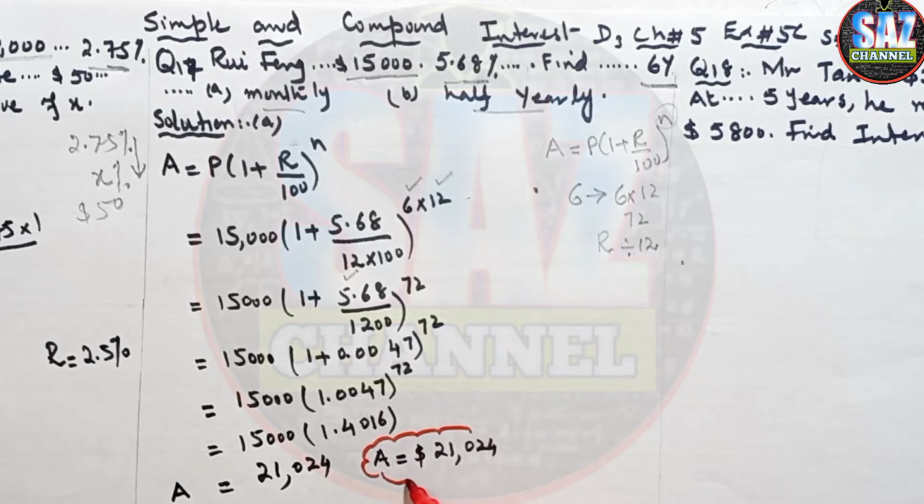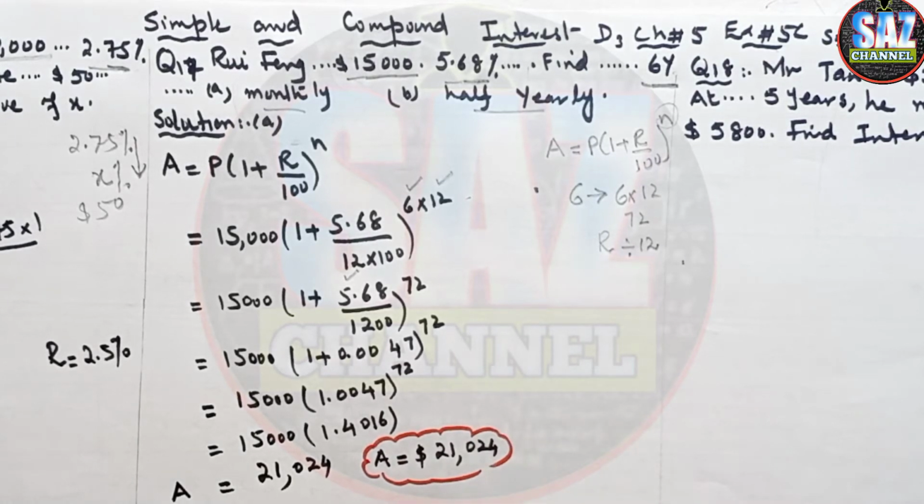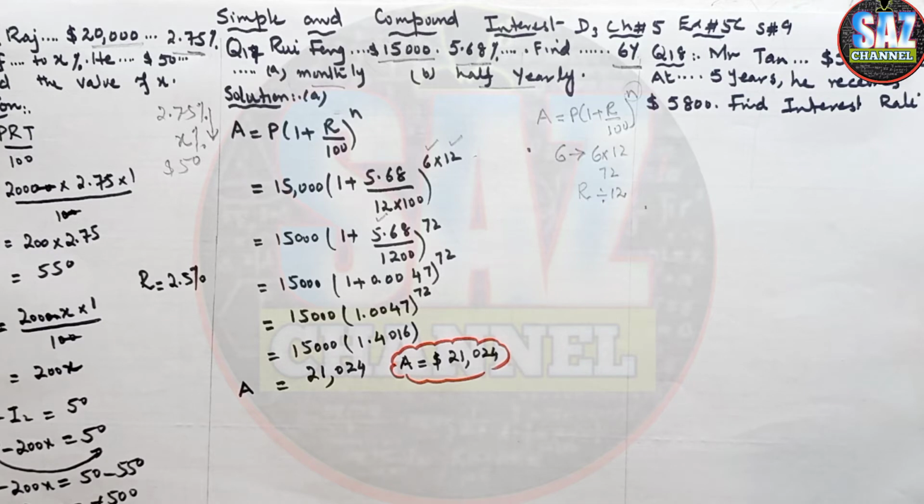Okay, and let's move to the next part of the question, where he is depositing the money on the rule of half year investment plan. It means we have to think that for a half year plan, for 1 year we can get the interest twice, and for 6 years we can get the interest 6 multiplied by 2, means 12 times.